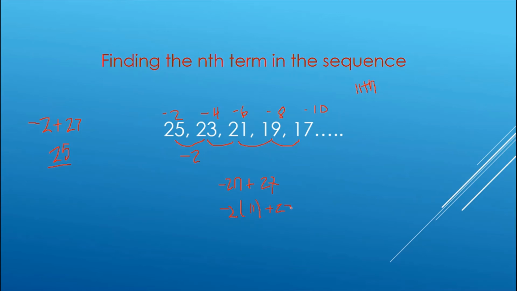So negative 2 times 11, the answer is negative 22, and negative 22 plus 27, as we can see, is unlike signs. Unlike signs means subtract, copy the sign of the bigger number. So 27 minus 22 is 5, and the bigger number between the two is 27, and the sign of 27 is positive. So for our final answer, we have 5. So in this sequence, the 11th term is 5.